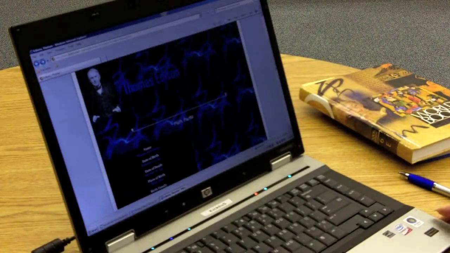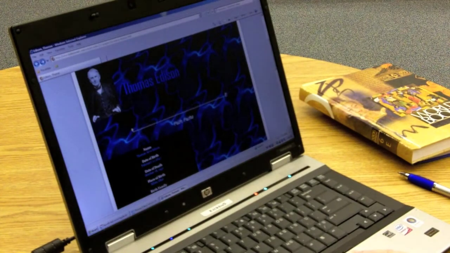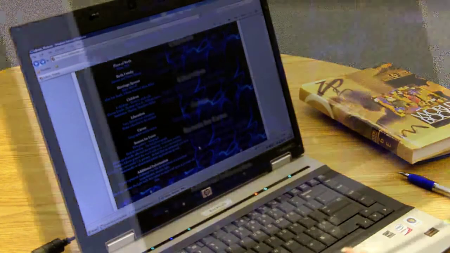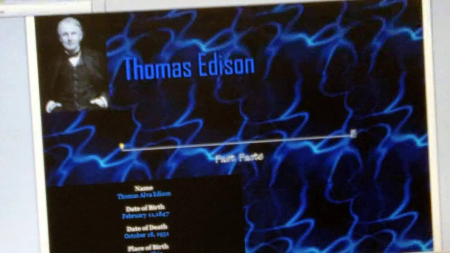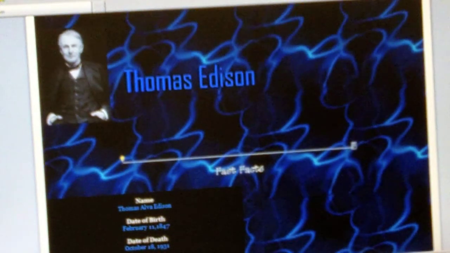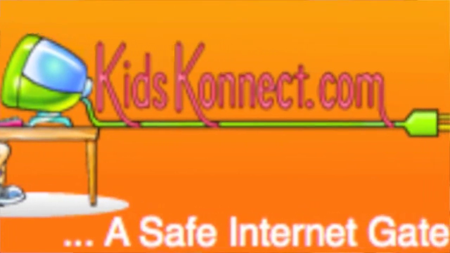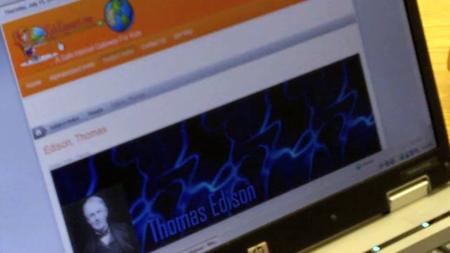Here's the website about Thomas Edison. And as I said before, when you look down, you'll see that there are all kinds of resources right here, and that's why this is not by one author. Now this is the website on Thomas Edison, so that is actually the title of the website, but it's by kidsconnect.com, and here's the people who published the website up here.